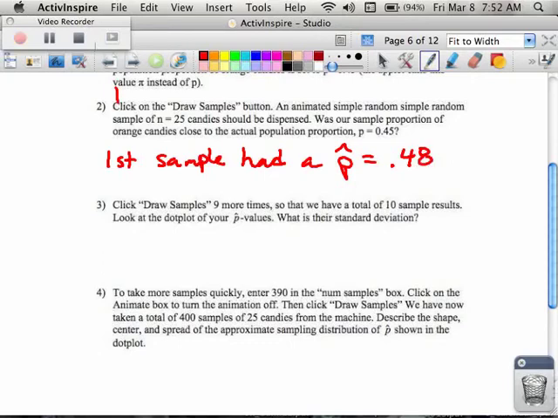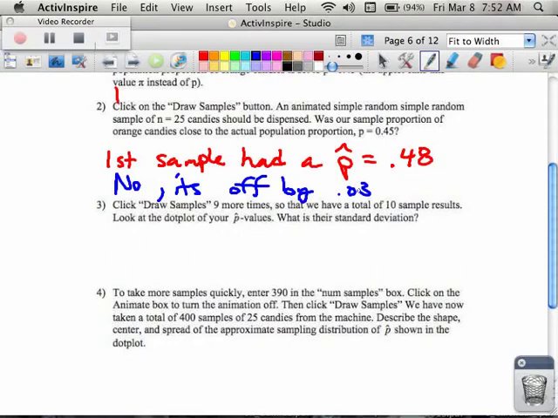Now, if you look online at the notes, Bart did this, and he doesn't have the same sample, and we're never going to get the same samples because it's random. So you look at this here, and is this the population proportion? No. It's off by 0.03.